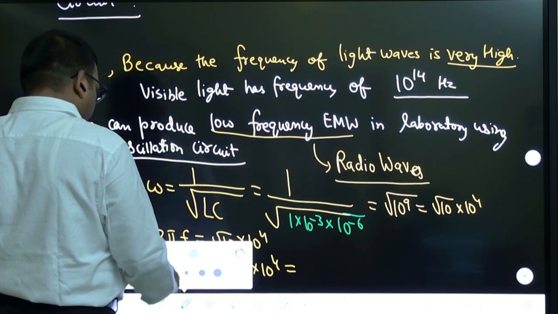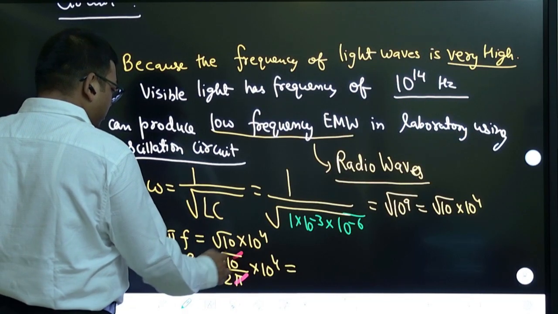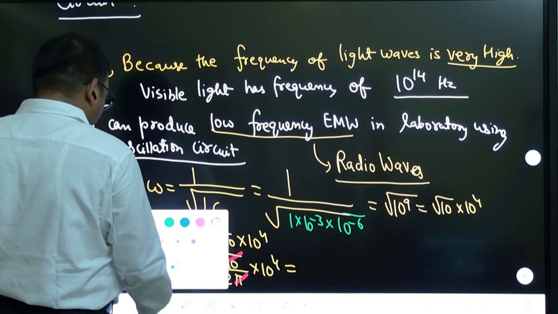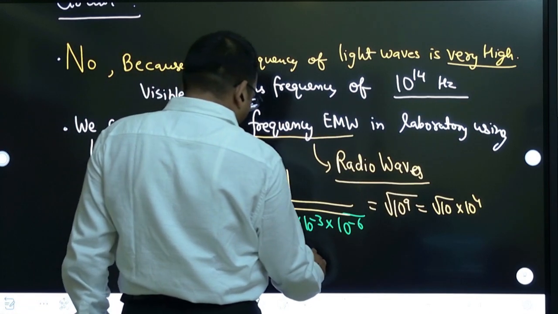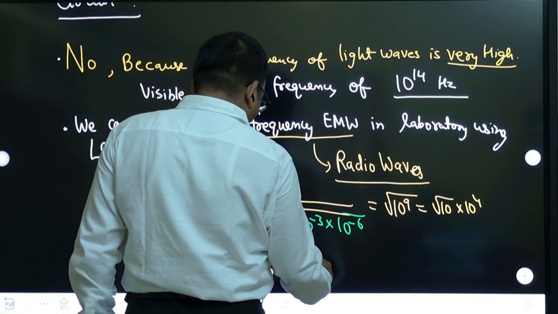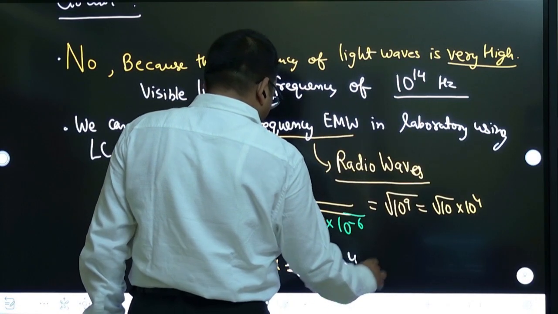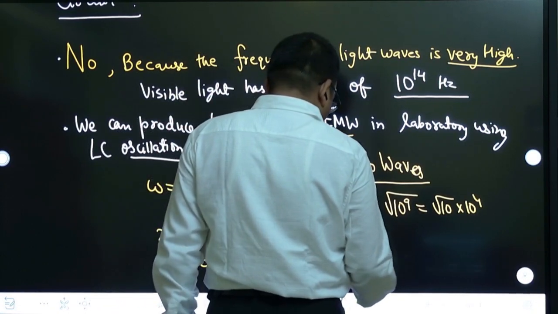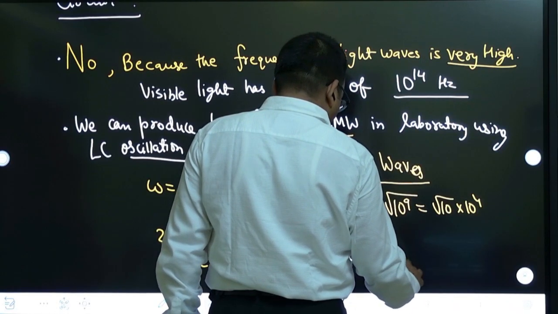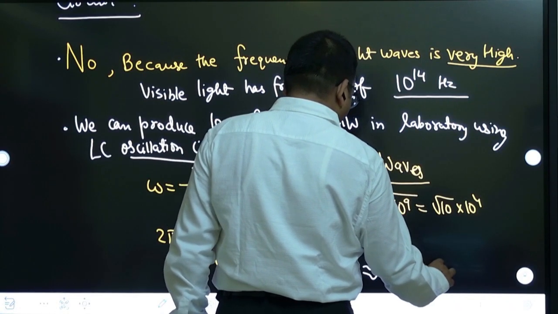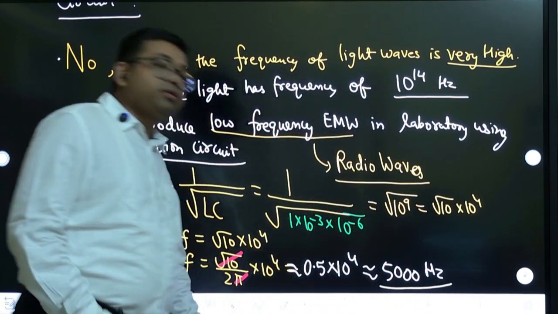So root 10 and pi almost cancel. So 1 by 2 means 0.5 into approximately 10 to the power 4, so 5000 hertz only. 5000 hertz is very, very small, isn't it?